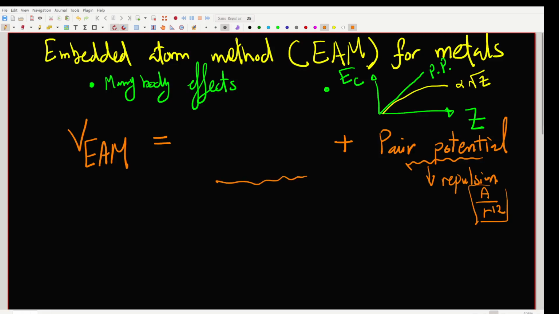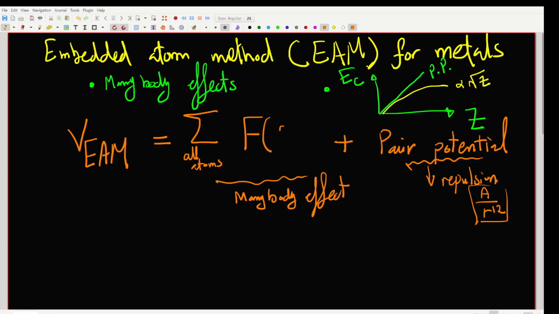Here we have something that represents the many-body effect. How do we write it? It is a sum over all the atoms in the system of a functional of the electron density, or the charge density, at the location of each atom.